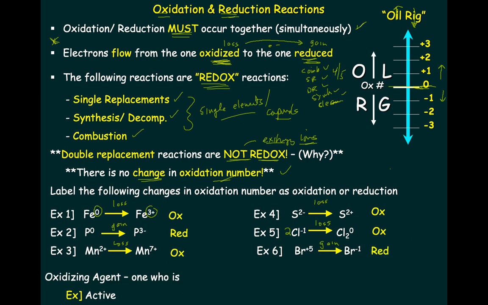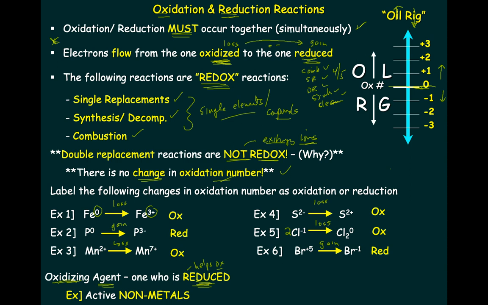So we label something called an oxidizing agent. An oxidizing agent is one that is reduced, because something that's reduced helps oxidation. You're an oxidizing agent if you are actually reduced. Many times that's going to be active nonmetals.